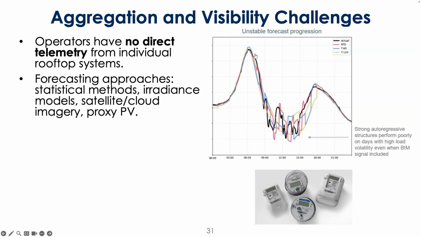But as we see more and more of these DERs getting installed, you start to have more uncertainty in your forecast outcomes. I think I showed this graph before, but this is a real day ahead forecast that CAISO had made. And you can see the actual thing that happened is in black.